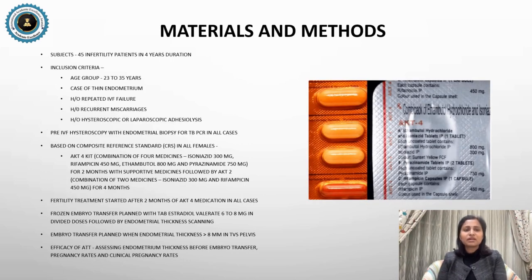We have studied 45 infertility patients over a 4-year duration in the age group of 23 to 35 years, with the inclusion criteria of thin endometrium, in which the lining was less than 7 millimeters in natural regular cycles, or in medicated cycles between day 13 and day 20, or repeated IVF failure cases more than 3, or recurrent miscarriages more than 3 without other obvious reasons, or any history of hysteroscopic or laparoscopic adhesions.